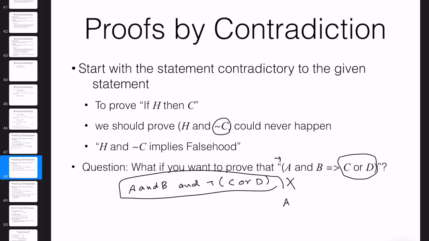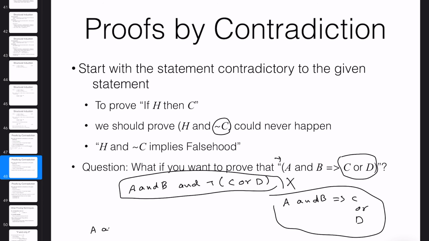You should write it as A and B implies C or D. When you are proving by contradiction, what you need to prove has two parts: A and B and not C reaches false, and also A and B and not D also reaches false, reaches a contradiction.